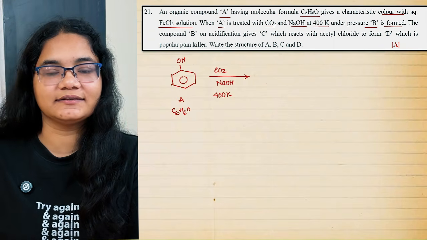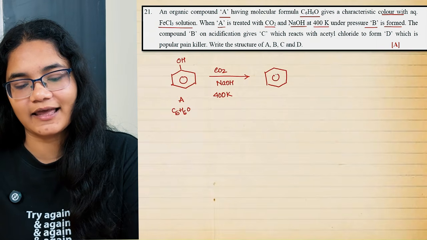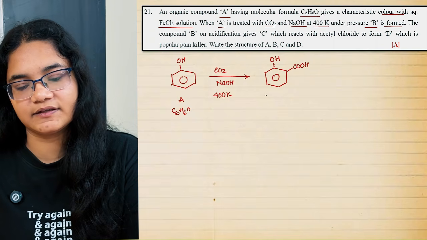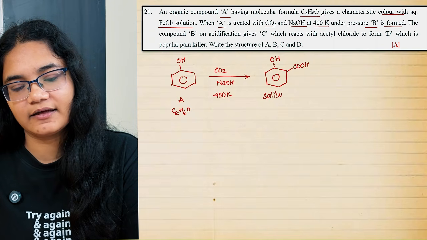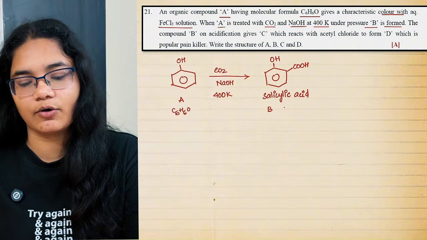This is the Kolbe's reaction. What we produce here is salicylic acid. We get OH and COOH. This is nothing but salicylic acid. This is also compound B according to the question.